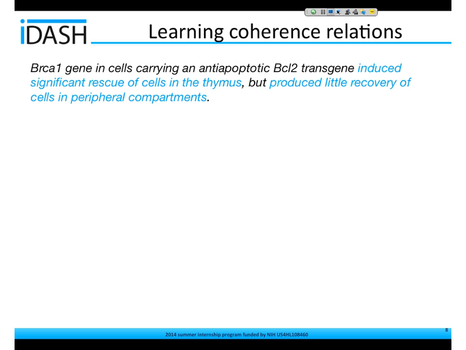So what kinds of features do we have available for the task? One obvious one is this discourse connective but. However, in many cases, we don't have that luxury, and the connections are just implicit. So the problem is to identify, in this case, induced significant rescue of cells in the thymus as standing in a contrasting relationship with produced low recovery of cells in peripheral compartments.